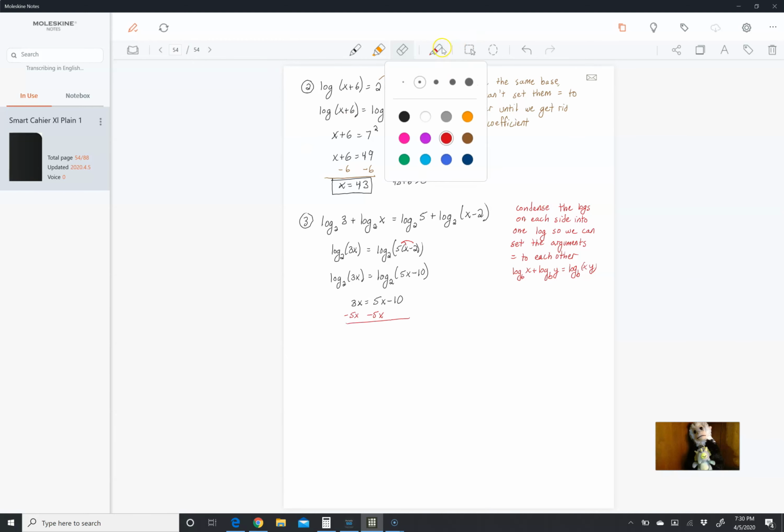So we have negative 2x is equal to negative 10. Divide both sides by negative 2. And we get that x equals 5. And we're not done.